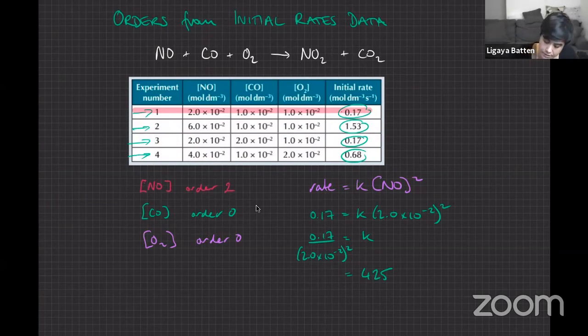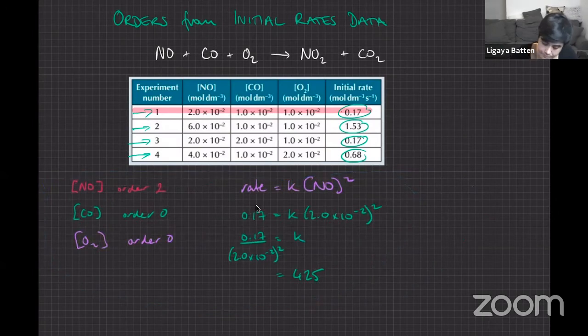So rate is in moles per decimeter cubed per second. I'm going to move all of this across so it gives us a bit more space.